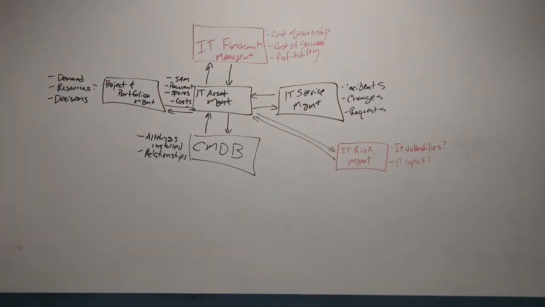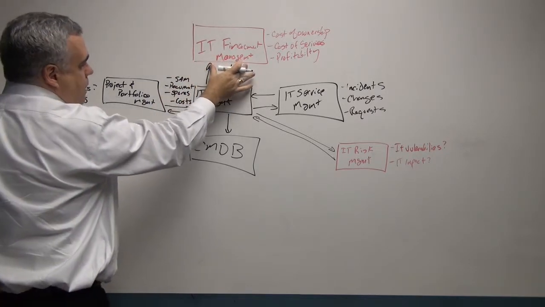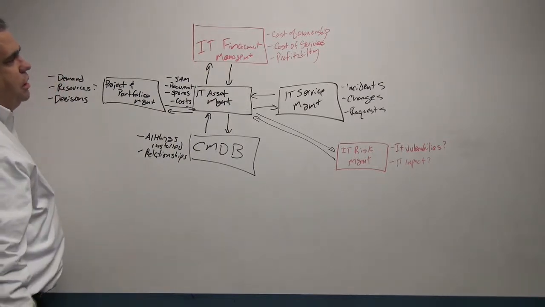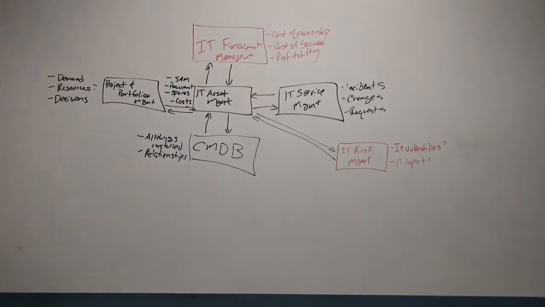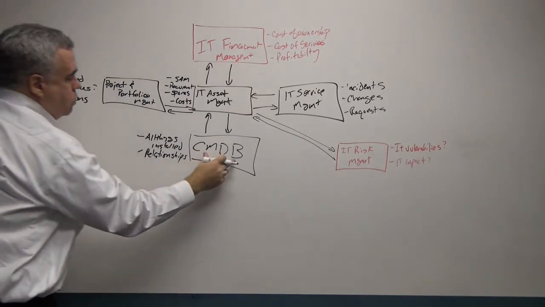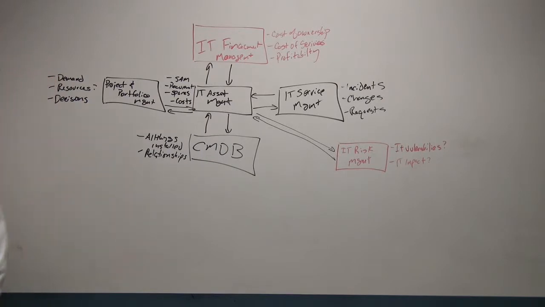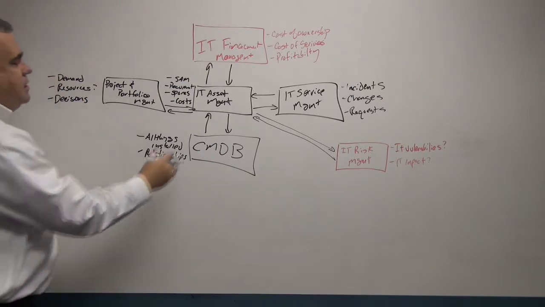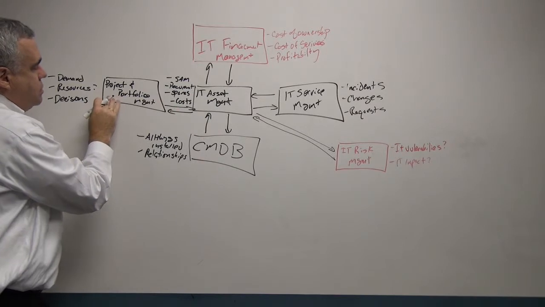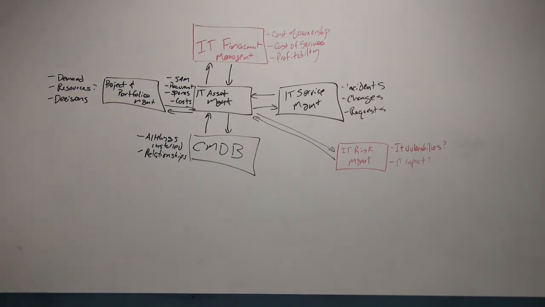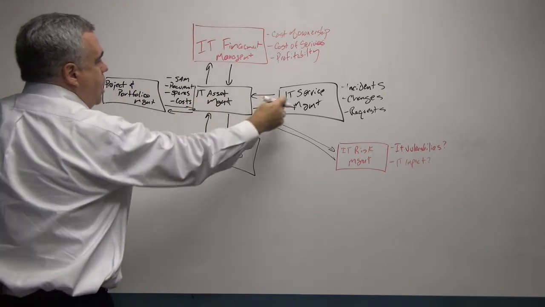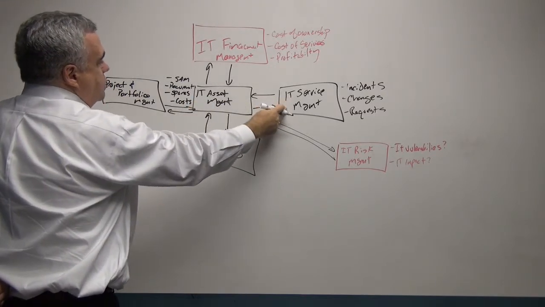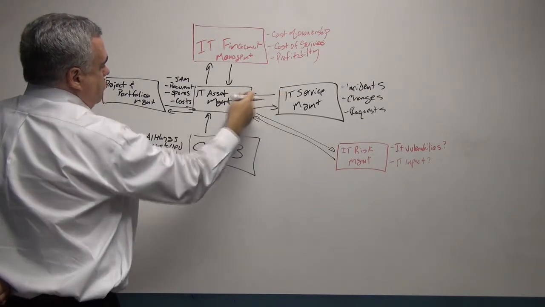So this was the architecture that we put together to capture that information, to meet the IT financial management demand that the customer was interested in, understanding total cost of ownership for the items in their business, and the cost of services once we put those items together according to the relationships that the CMDB was able to provide. We captured that data in an asset management platform that was related to the new projects and new project demand being created, and the functional systems where service management was sending in cost of incidents, cost of changes and failed changes, cost of new requests.